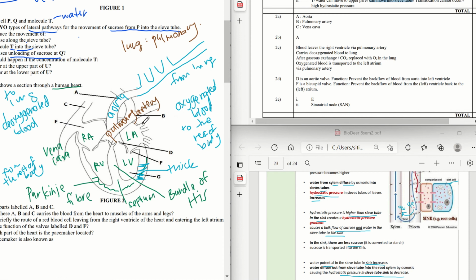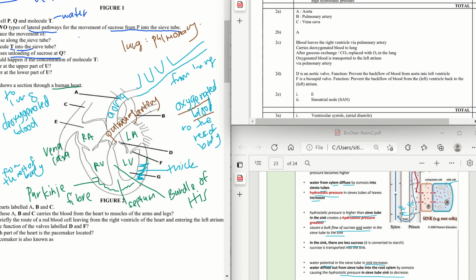Yang dekat sini, daripada lung masuk ke left atrium, dia akan bawa oxygenated blood. Kalau dari lung confirm dia pulmonary, tapi dia vein ke artery? Itu yang membezakan mereka, pulmonary vein. Daripada lung dia carry oxygenated blood, vein. Yang daripada lung ni dia macam terbalik.